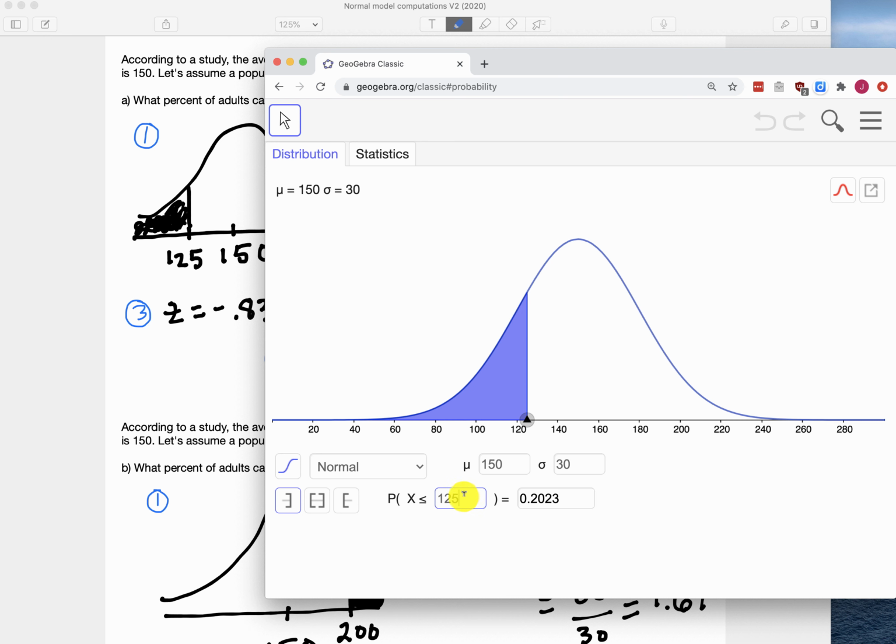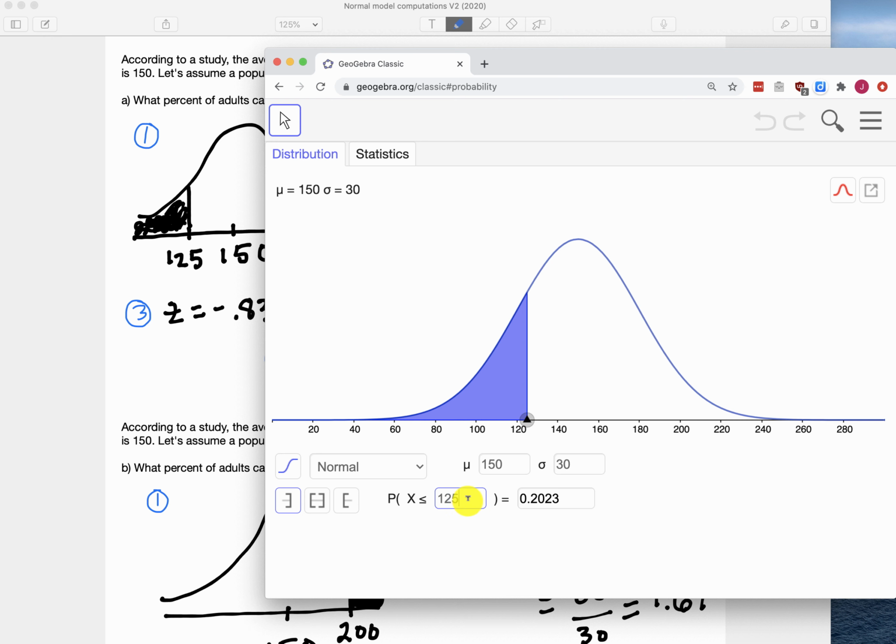So the chances of actually remembering 125 exactly is 0. So it doesn't matter if you say 124.9999999 or exactly 125. That one extra number out of this entire continuum is going to add no appreciable extra probability. So we can put in 125.